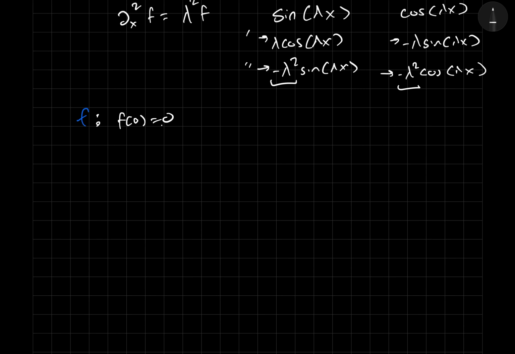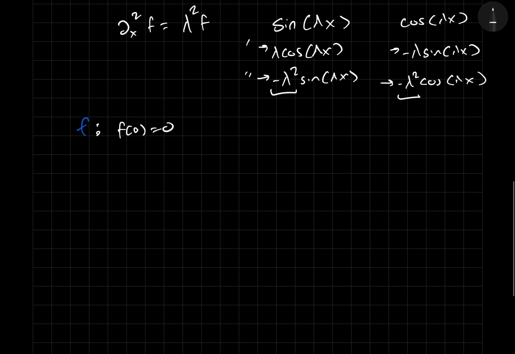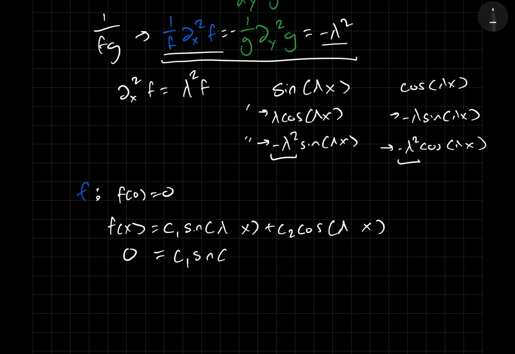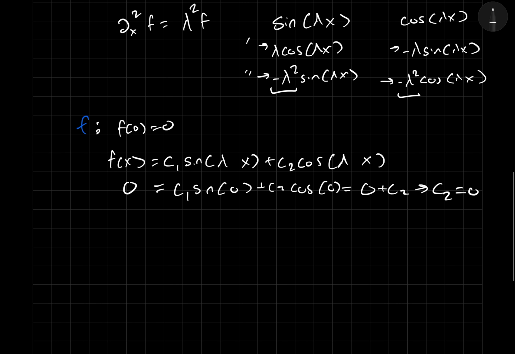And from that, if we have f equals c1 sine lambda x plus c2 cosine lambda x, let's not call this lambda n right now, let's just call this lambda, then 0 is going to be equal to c1 sine of 0 plus c2 cosine of 0 equals 0 plus c2, and therefore c2 equals 0.